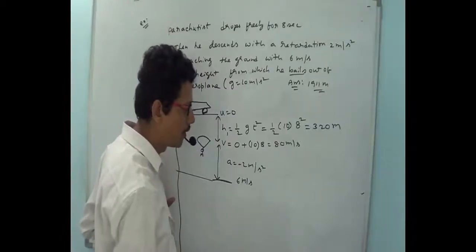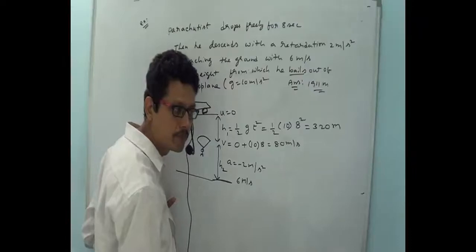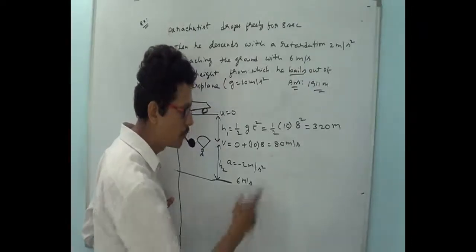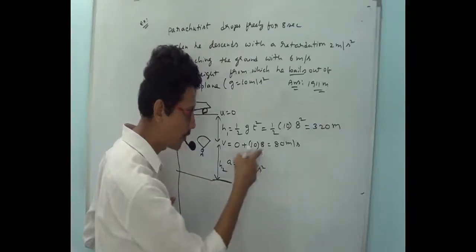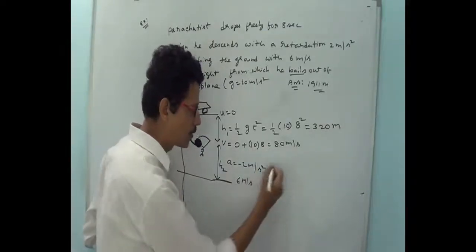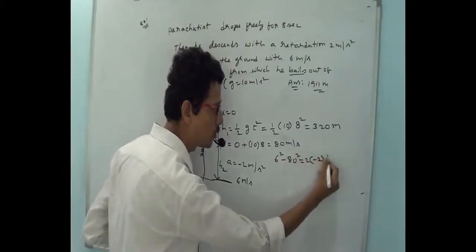Okay. For finding this height h2, what formula do you have to apply? v square minus u square. This is v and this is u for the second journey. So 6 square minus 80 square is equal to 2 into -2 into h2.